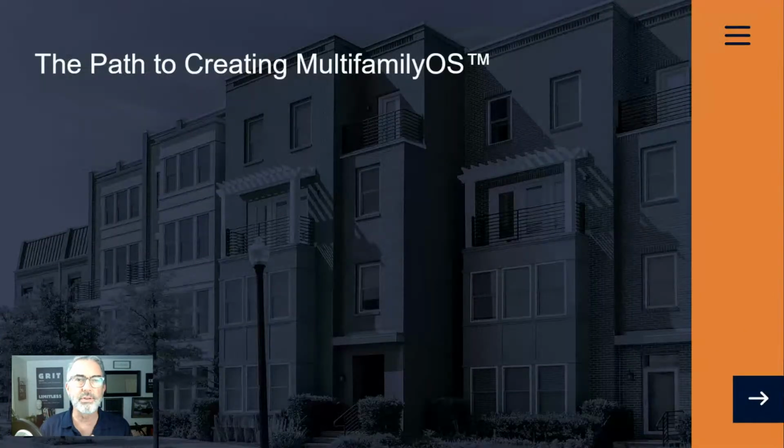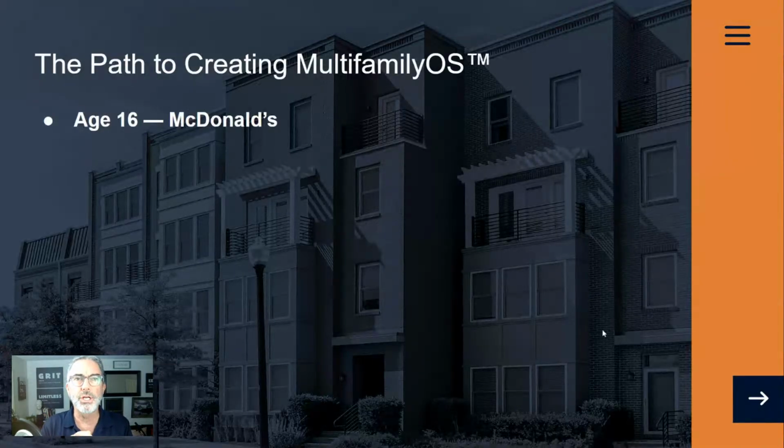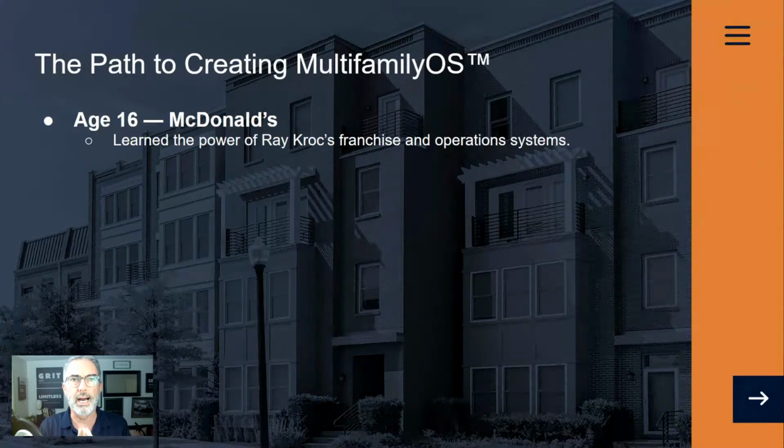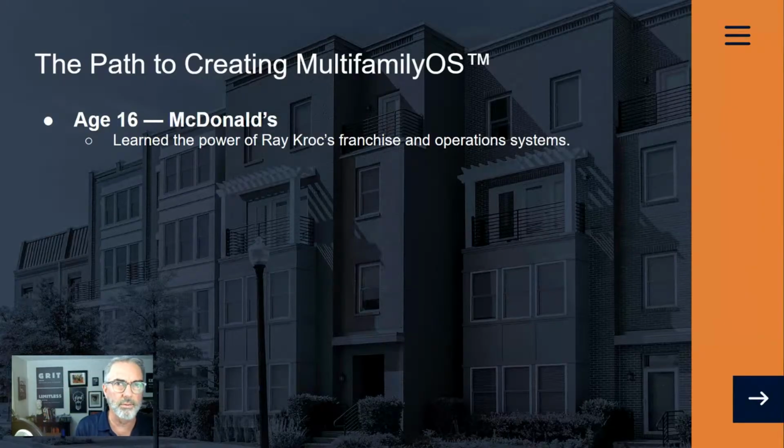Let me give you a little bit of history so you understand exactly where I'm coming from. At age 16, I started working at McDonald's, and early on, I learned the power of Ray Kroc's franchise and operation systems. I like to say that on June 1st, I turned 16.